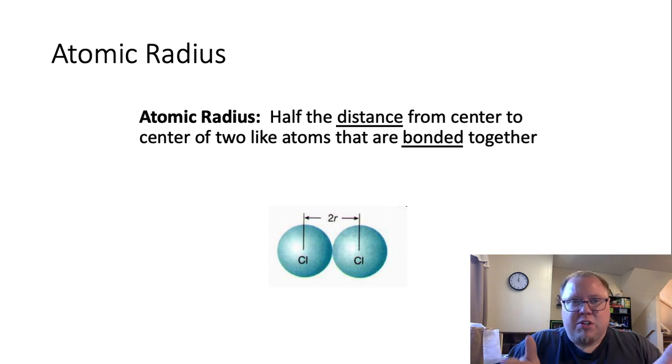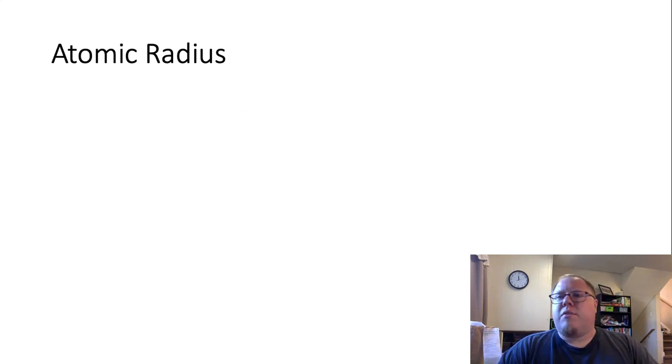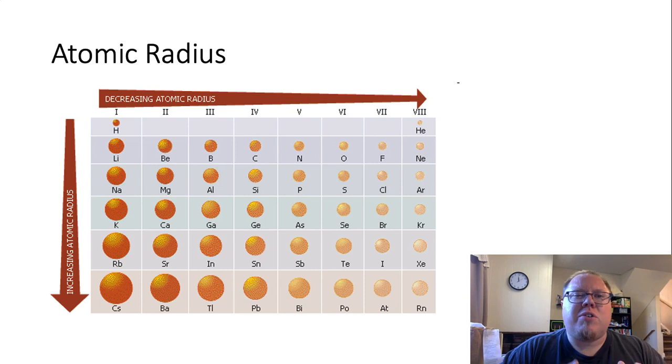That's how we measure it. Now, when we measured the atomic radius of these elements, we noticed an interesting pattern. Here is the pattern of a whole bunch of elements arranged in the periodic table. You will notice that as you go down from row to row, they get bigger. That's not really unexpected. They have more orbits.